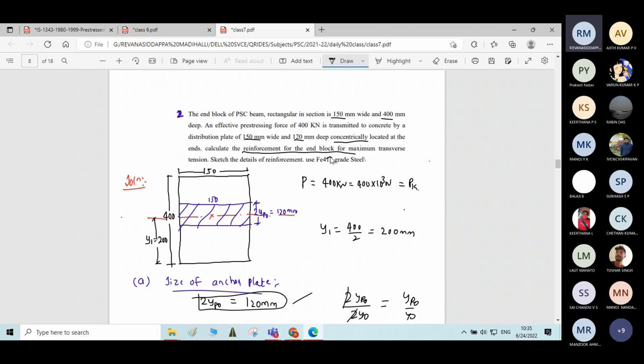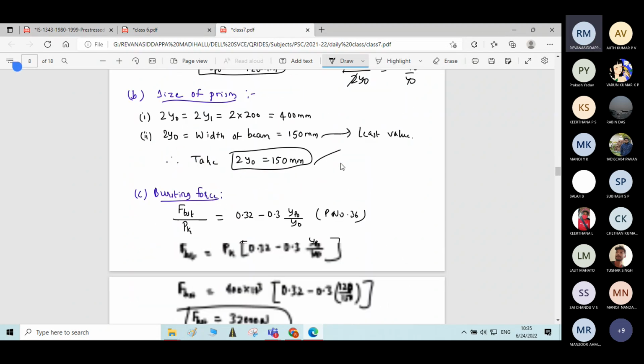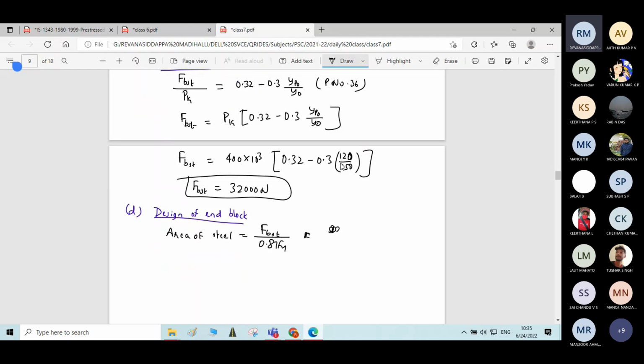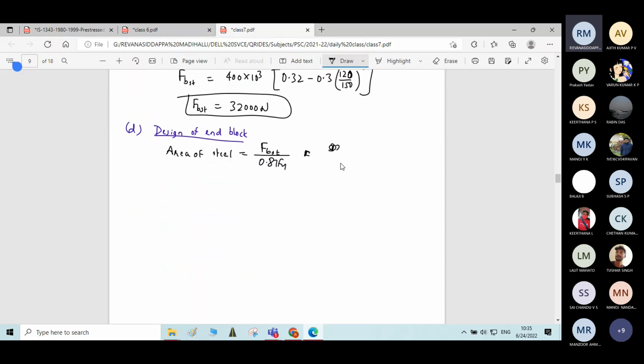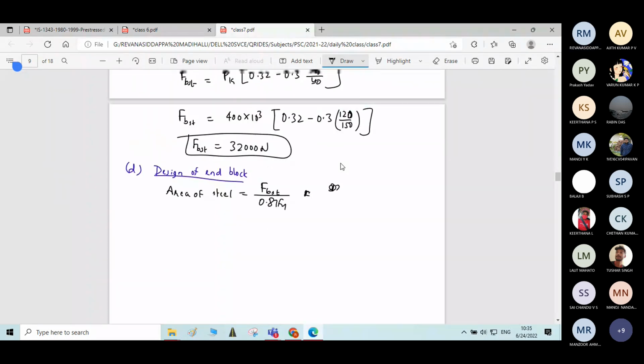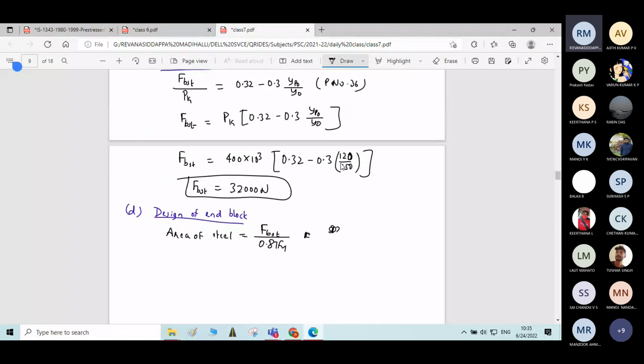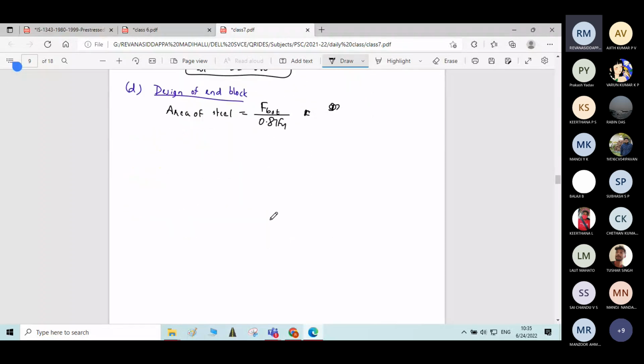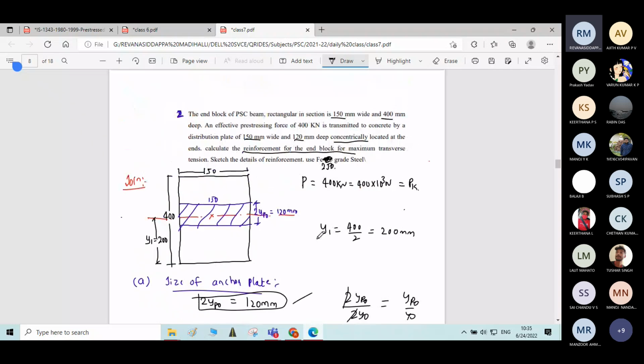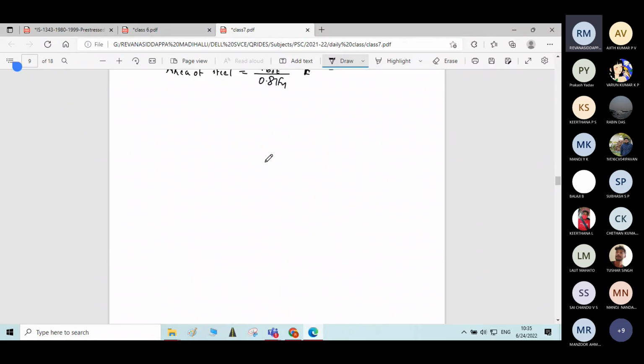No problem. Change this to Fe 250, because if you assume Fe 415, you will not get at least 2 bars, because here the bursting force is lesser. You can perform using Fe 415 also. Change it to 250 grade of steel.